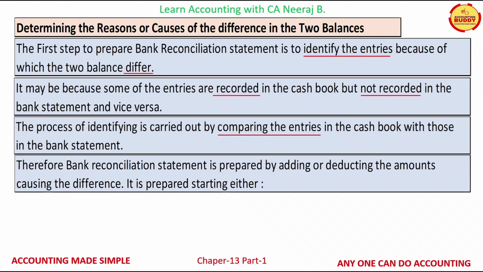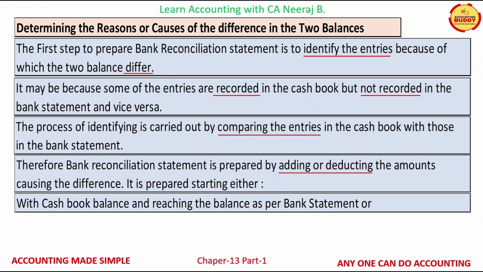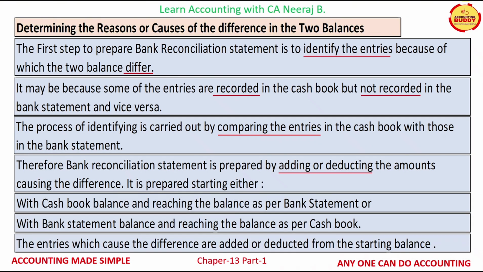Therefore, a bank reconciliation statement is prepared by adding or deducting the amounts causing the difference. It is prepared either with the cash book balance, reaching the balance as per bank statement, or with the bank statement balance, reaching the balance as per cash book. The entries which cause the difference are added or deducted from the starting balance.